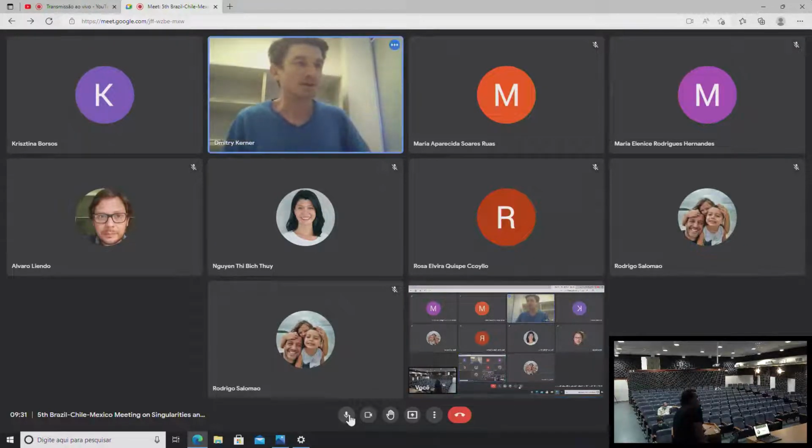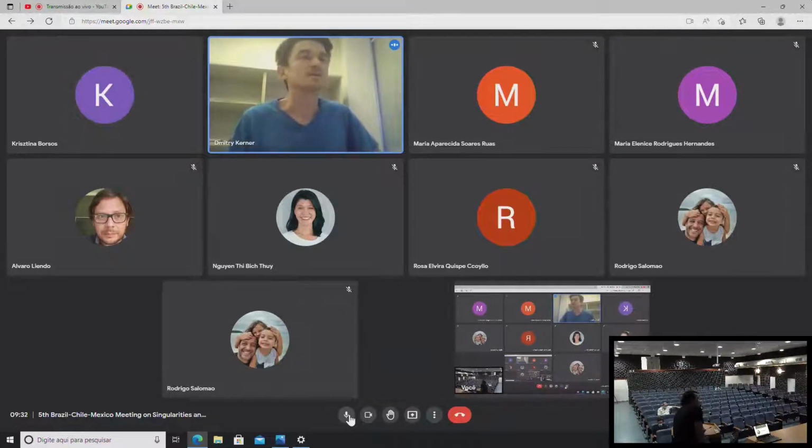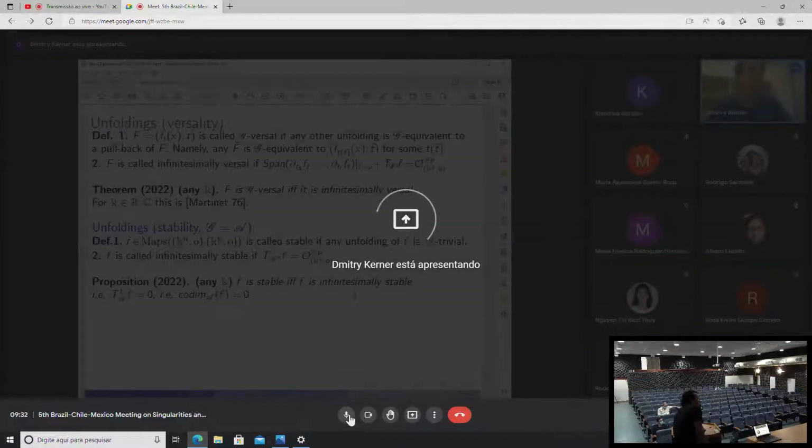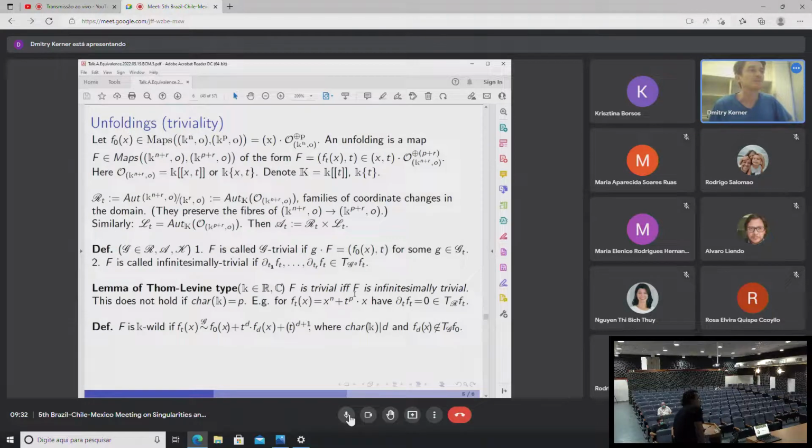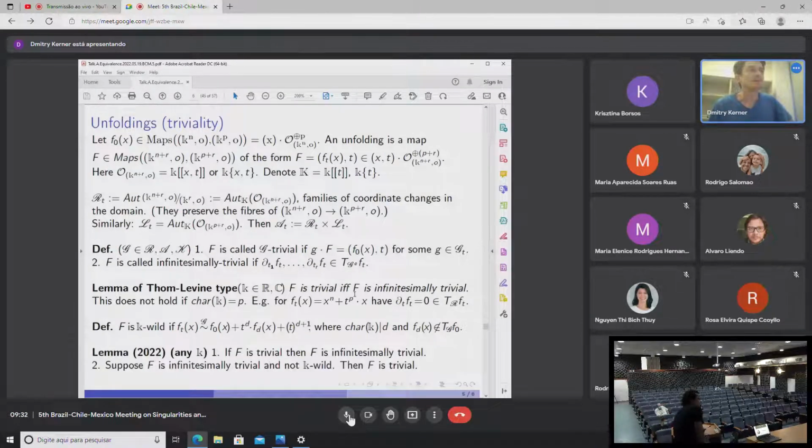Yes, that's okay now. When you speak about triviality of unfoldings, there is a definition of K-yield. Can you give some interpretation of this notion or some example?